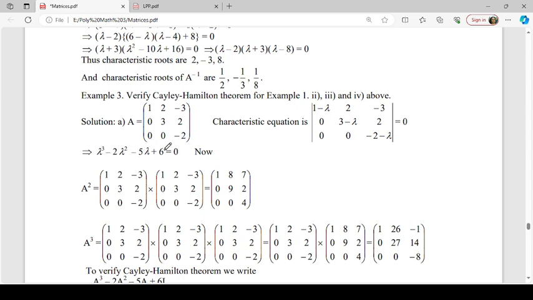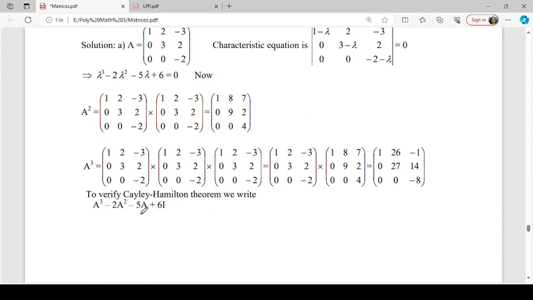With 6 we have to multiply by I, so 6I. So this is A cube; we are putting A cube in place of lambda cube. Then A square in place of lambda square. So A cube minus 2A square minus 5A, and this is I.